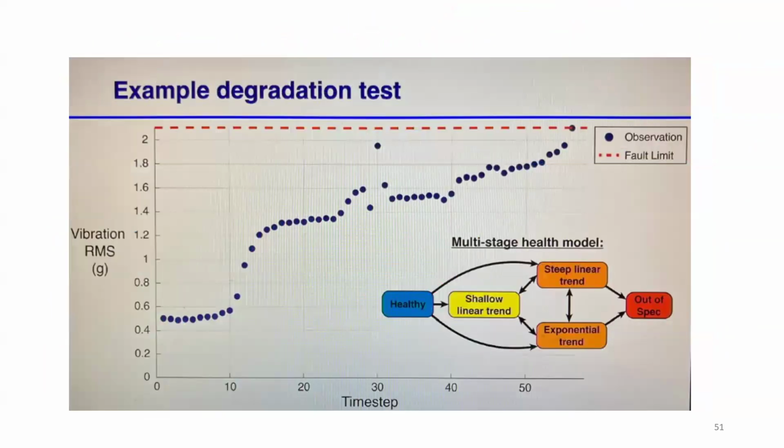Next, this slide shows an example of a degradation test using the vibration data, and we see the graph values over time. These blue dots are the observations, and this red line is a threshold beyond which the equipment is considered at risk.